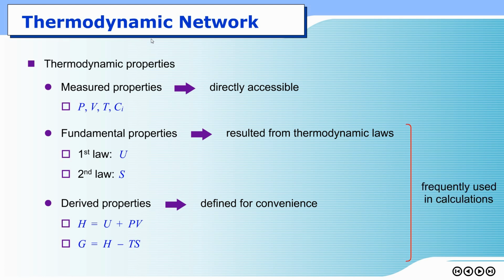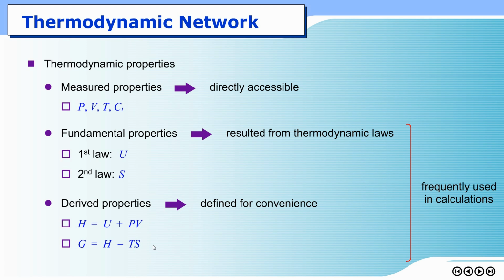The point is, normally the laws of thermodynamics or the calculations mainly focus on variables which are not directly measurable. In the first law, we talk about internal energy and enthalpy. In the second law, we talk about entropy and Gibbs free energy. None of those can be directly measured.